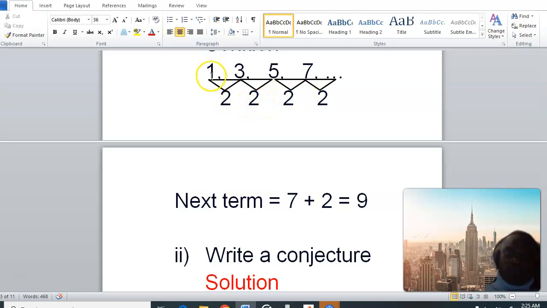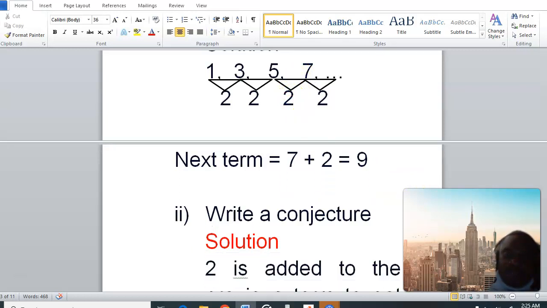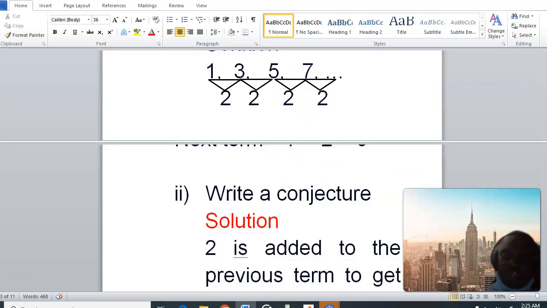What was done to this 1 to get this 3? You add 2. What was done to this 3 to get this 5? You add 2. What was done to this 5 to get this 7? You add 2. Which means 2 is added to the previous term to get the next term.